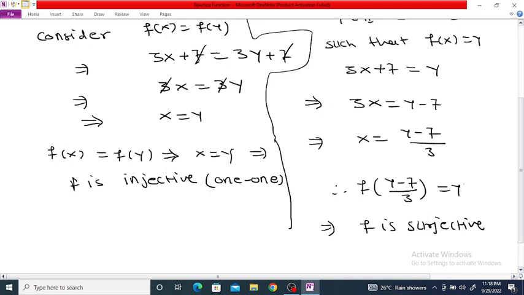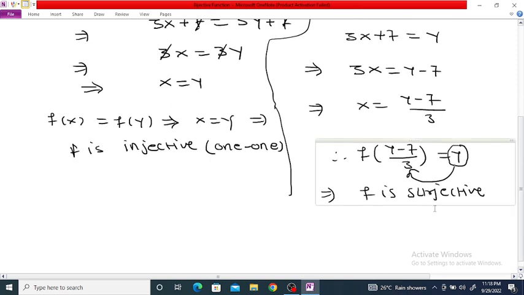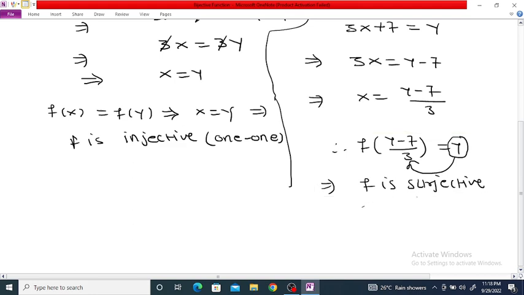So any value of y in the codomain has a pre-image (y minus 7) by 3, and therefore f is surjective, or f is onto.